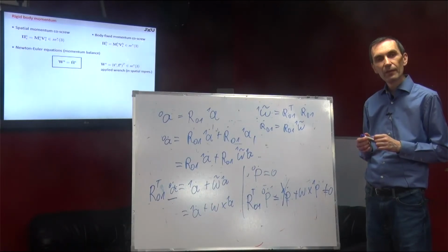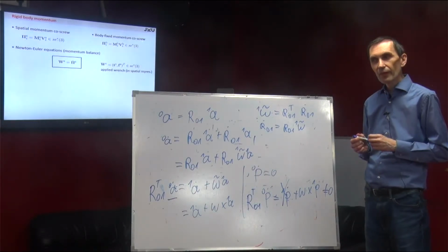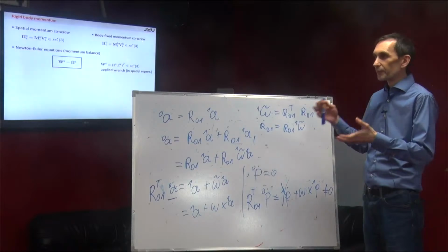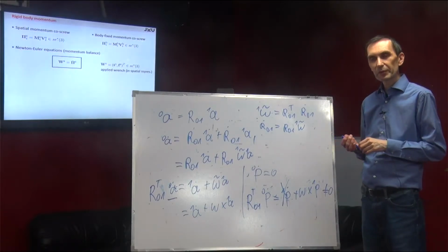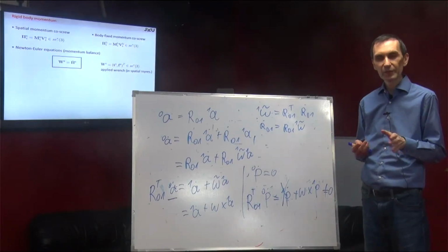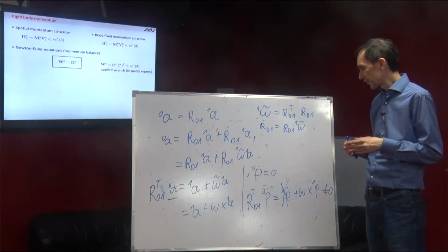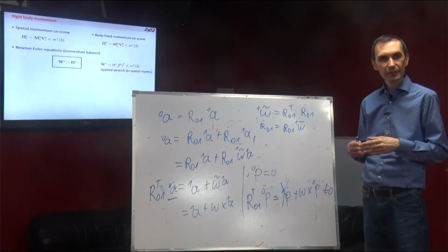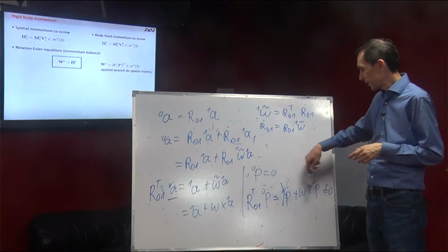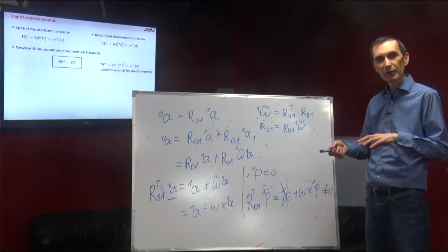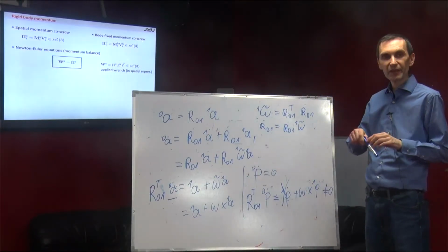It is not that the momentum conservation law is not valid in the moving frame. The momentum conservation is always valid. This is the thing because it's a physical property. The only thing is how to represent it. And apparently you have to do something else when you represent it in a body fixed frame. And actually, this is what it's all about here.